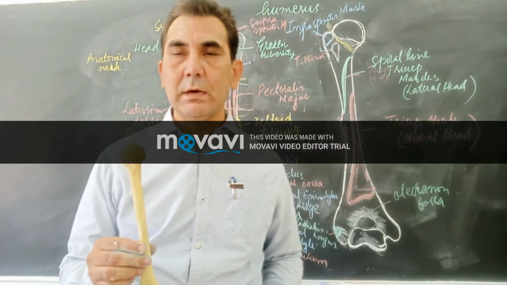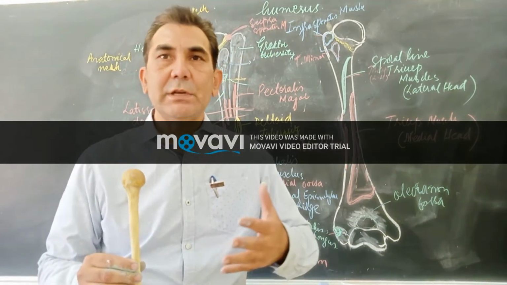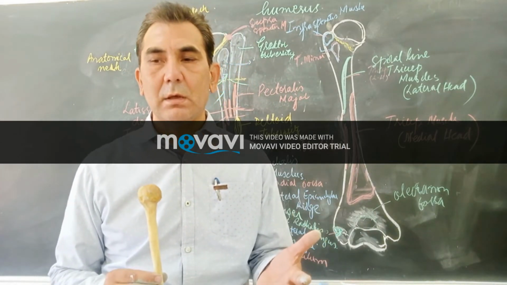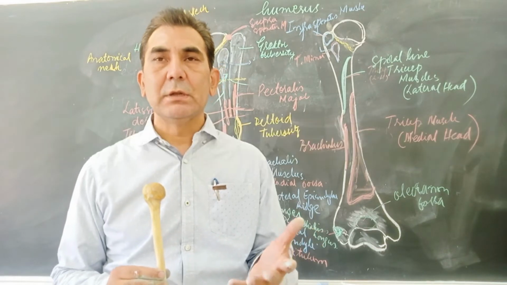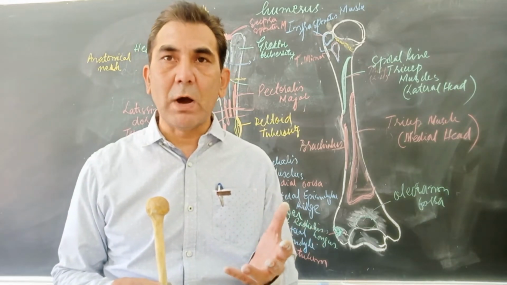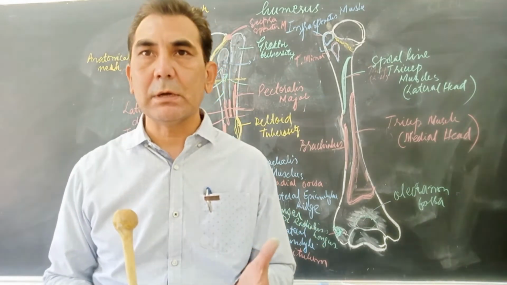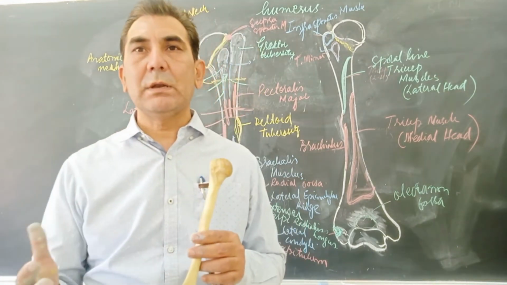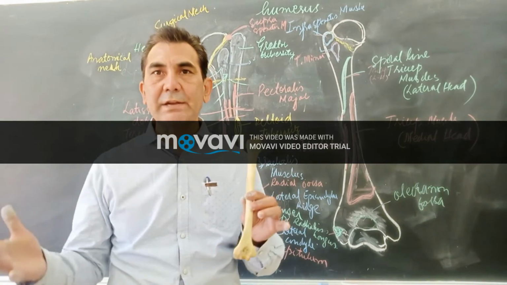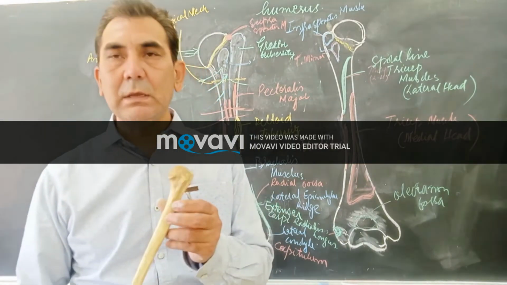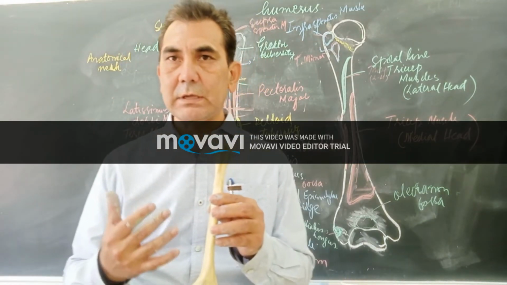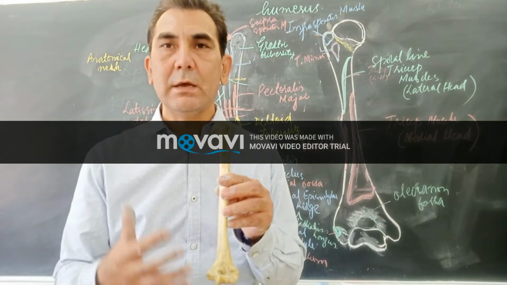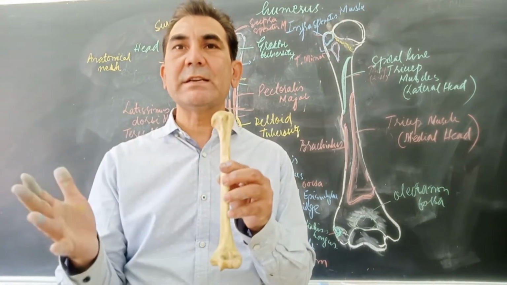As I told you earlier in every lecture, in the anatomy viva, the examiner mostly asks the question: what is the name of this bone, and how can you identify whether this bone belongs to the right side or the left side? The same question: what are the features, what are the tips to identify whether this bone belongs to the right or left side?